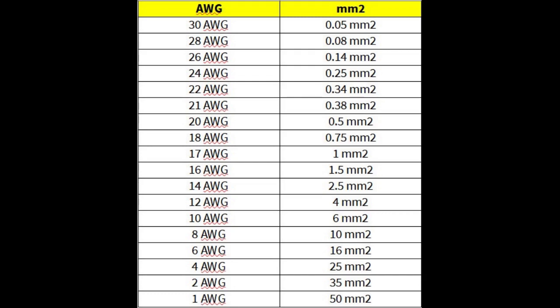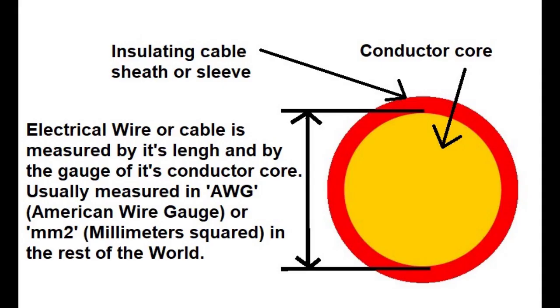However, in most of the rest of the world, the metric squared system is used. For example, 10 millimeter squared, which would be represented by the number 10, of course, then mm for millimeters, and then a little number 2. The little number 2 indicates squared, if you can remember some of the more advanced math lessons in school.